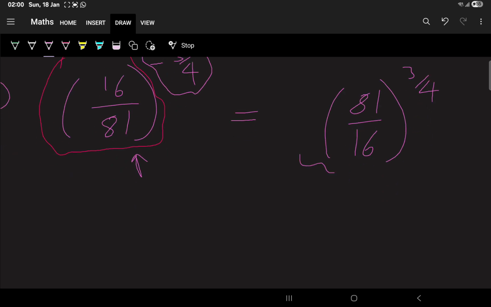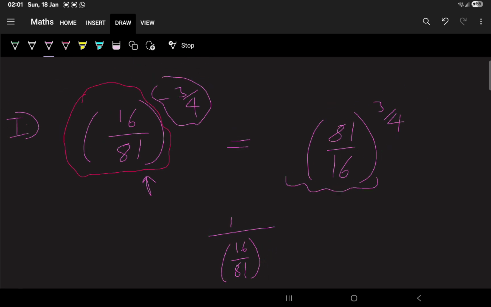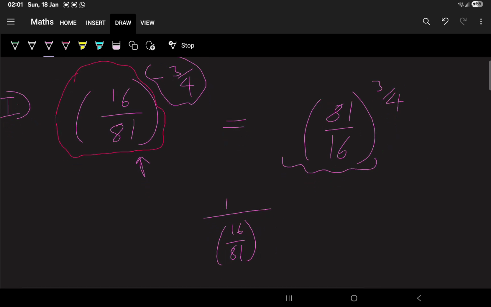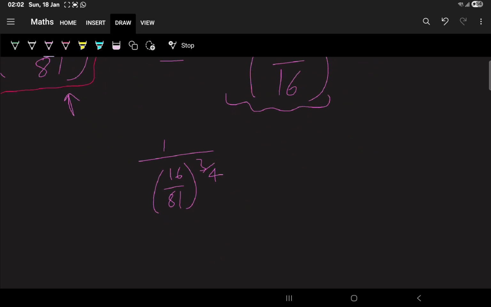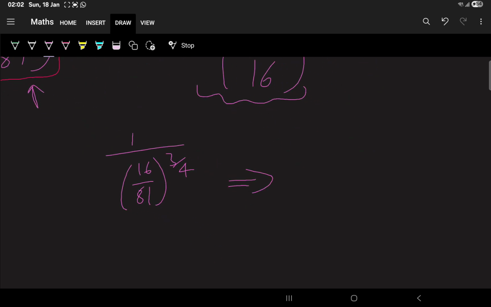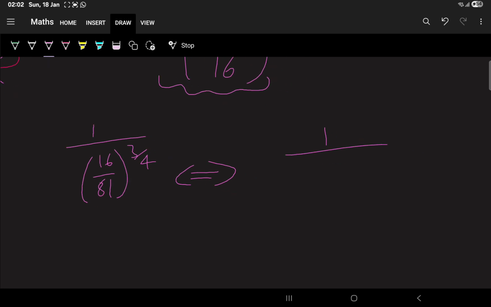Just in case you do not get what's happened here, the inverse of 16 over 81 is going to be this, and since we've applied the rule of negative index, this is going to be 3 over 4. But now this is the same as 1 over 16 raised to the power of 3 over 4 divided by 81 raised to the power of 3 over 4.